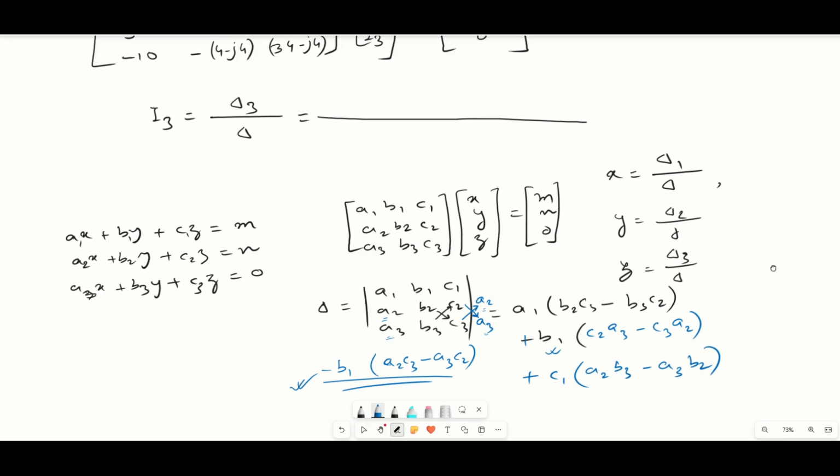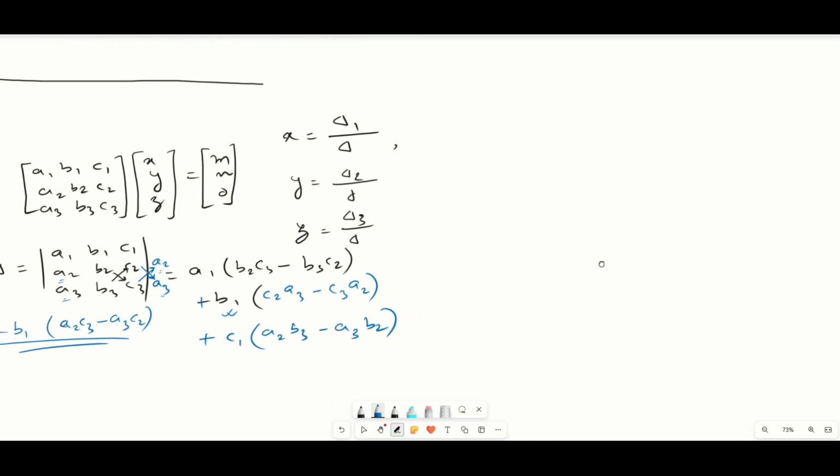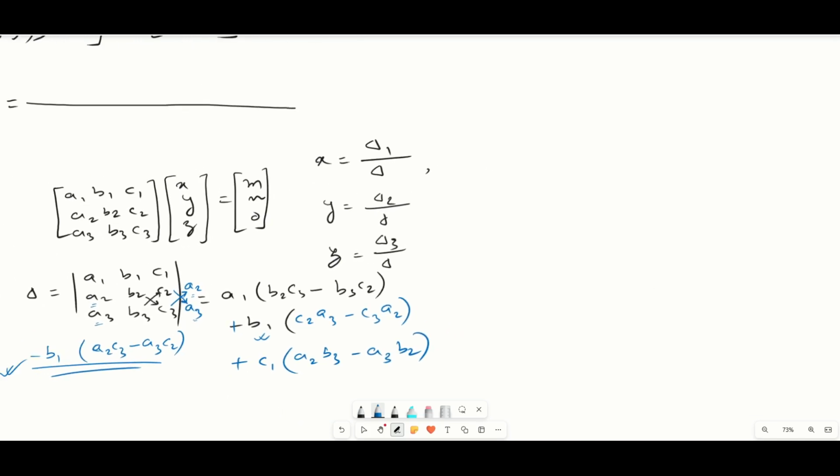Then if we determine delta 1, delta 2, delta 3, it will be given as follows. You may already know this, but still I am showing it. For delta 1, it will be the determinant where we replace the first column by m and o.